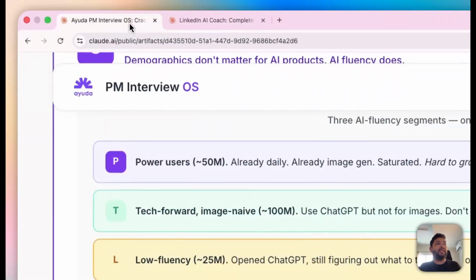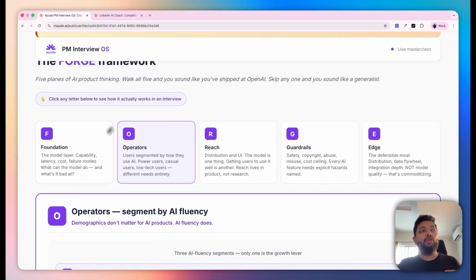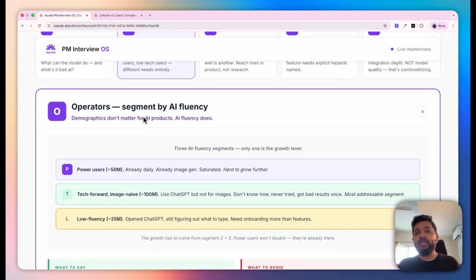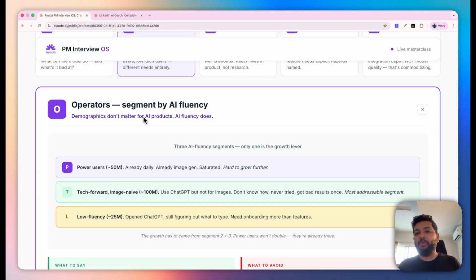But the only thing that is different is your major focus in the AI product sense question is on the behavior of users and segmenting them into 3 or 4 behavioral segments, like power user, tech forward early adopter user, late user, urgent job searcher, stuff like that of what we have done right now, and then use that to create an overall bracket of users that you are going to target.